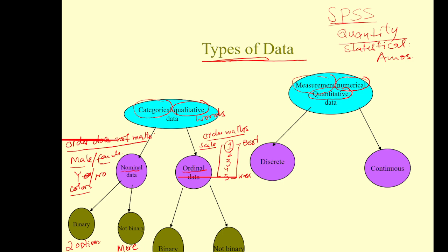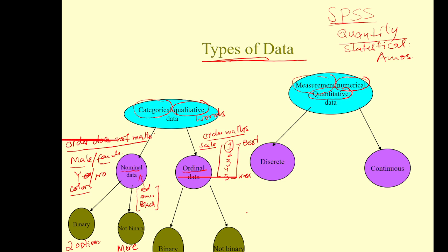But non-binary can be if there are more than two options. For example, if you ask someone what color of clothes they like, and then you have red, brown, black, right? So there are so many options. The options are more than two, but still the order does not matter because they are nominal.